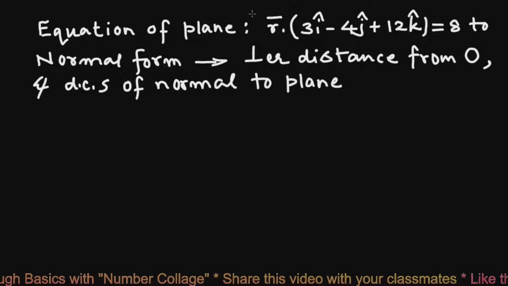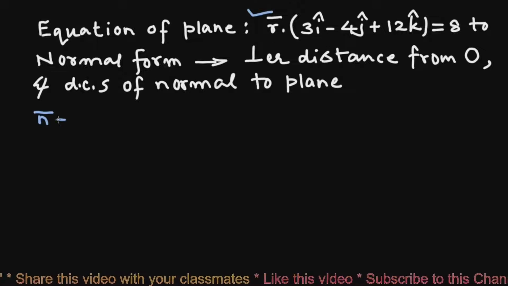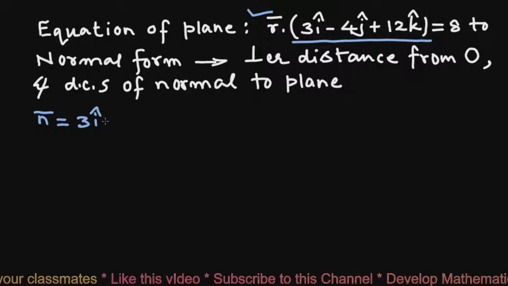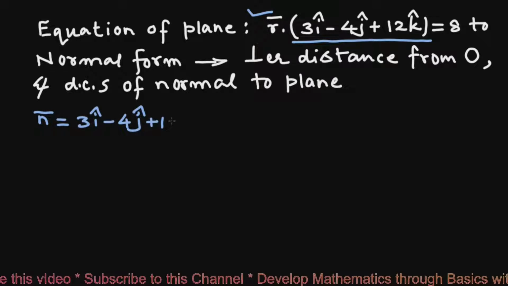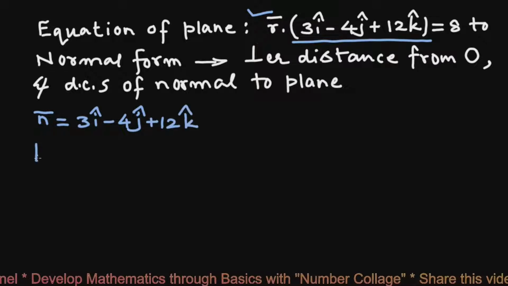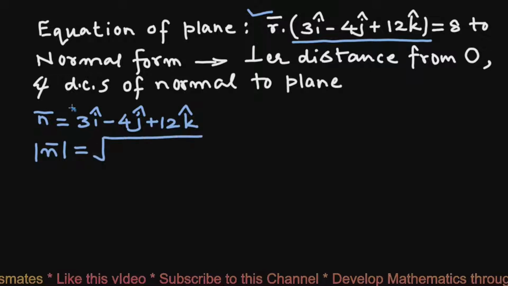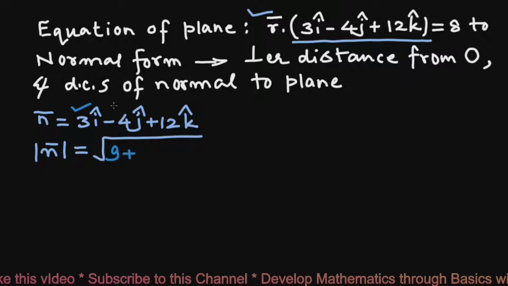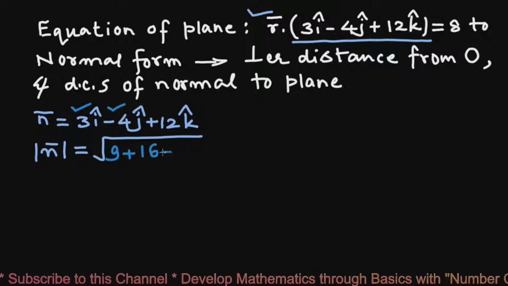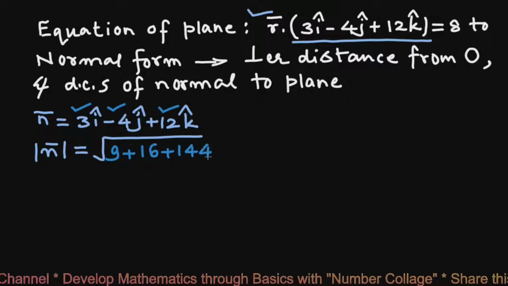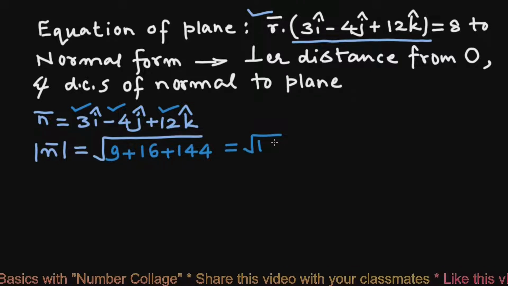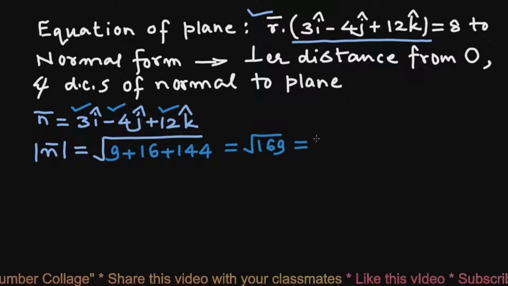From this given equation, we have n bar equals 3 i cap minus 4 j cap plus 12 k cap. So its magnitude mod n bar will be square root of 3 square 9 plus minus 4 square 16 plus 12 square 144. That will be square root 169, which will be 13.